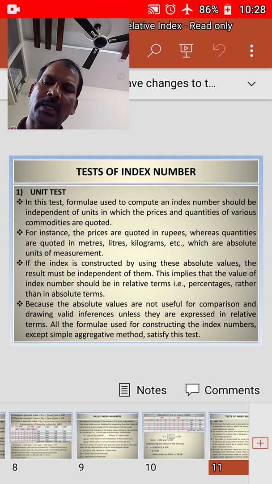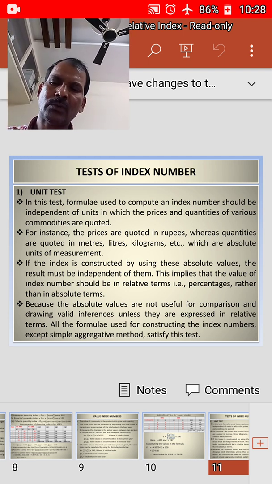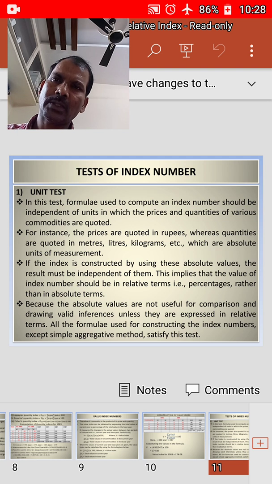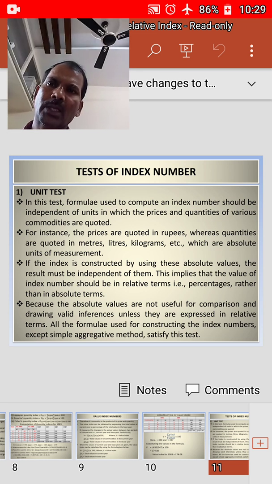According to these tests, any formula which satisfies them can be considered perfect. If the formula does not satisfy these tests, it is regarded as an imperfect formula to measure the price level changes. These mathematical tests are also known as tests of consistency or adequacy of an index formula, or criteria for a good index number. Right.